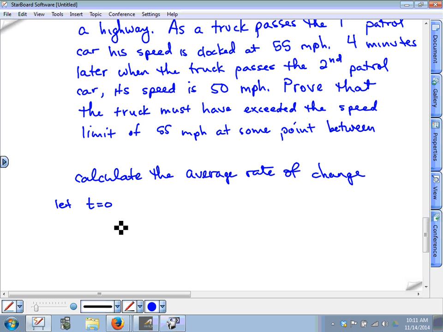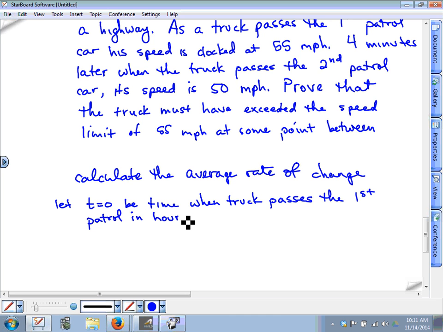So let t equal 0 be the time when the truck passes the first patrol car.